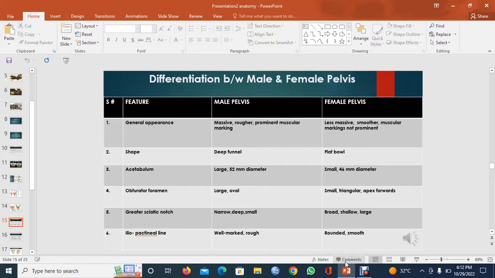Then when we talk about the shape, in case of male it is deep funnel, as we have seen earlier, and in case of female it is flat bowl like. Acetabulum size is about 52 millimeter in diameter in cases of male, whereas in cases of female it is small, about 46 millimeter. Obturator foramen large and oval, whereas in case of female it is small, triangular, apex forward.